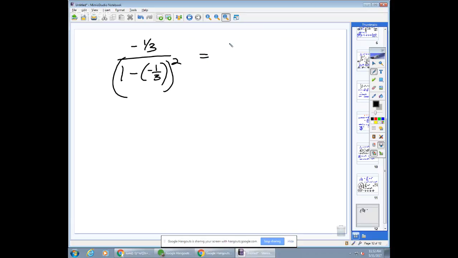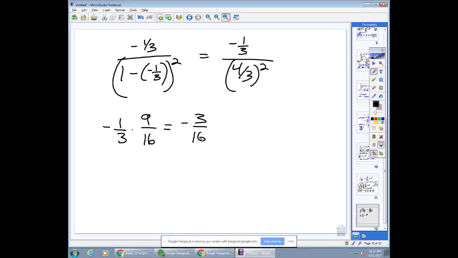That is -1/3 over (1 plus 1/3, which would be 4/3) squared, which would be 16/9. So -1/3 times 9/16 gives me -3/16, which is what we predicted.